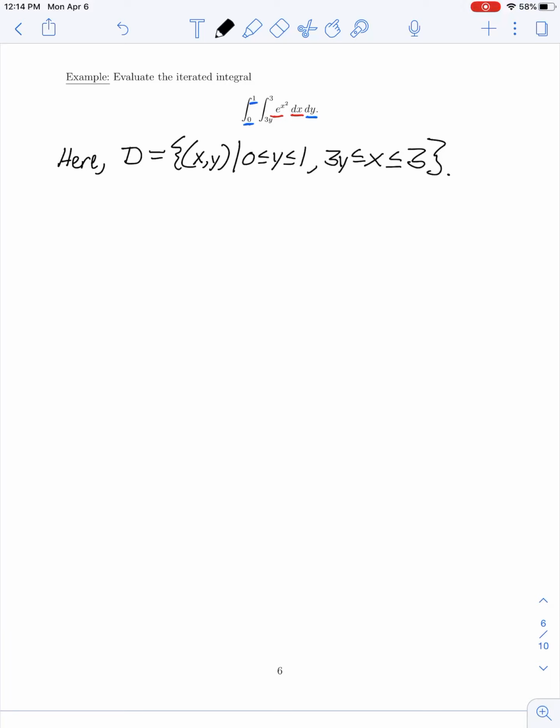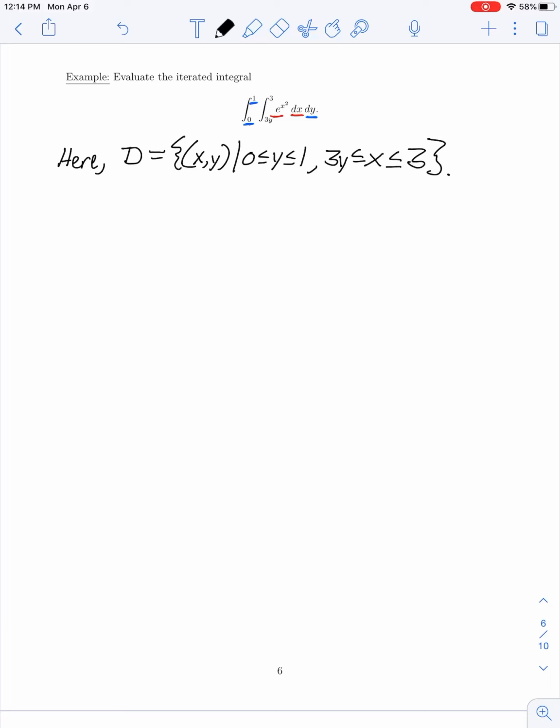So the iterated integral is representing a double integral over a type 2 region. Let's see if we could express this as a type 1 region in order to reverse our order of integration. To do this, we could first sketch the region of integration.